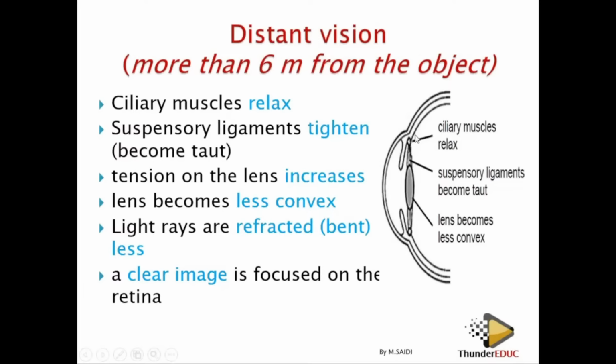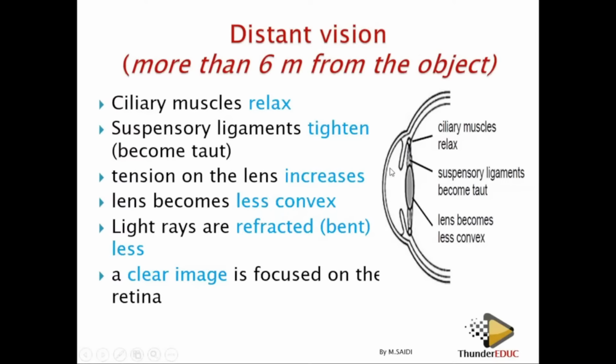If this one relaxes, this one must contract, and if it contracts, it means that it is pulling this side, and also this one is pulling this side, and then the lens becomes small, which means that the lens becomes less convex. Because it is less convex, the thickness is small, it means that its refracting power is less.